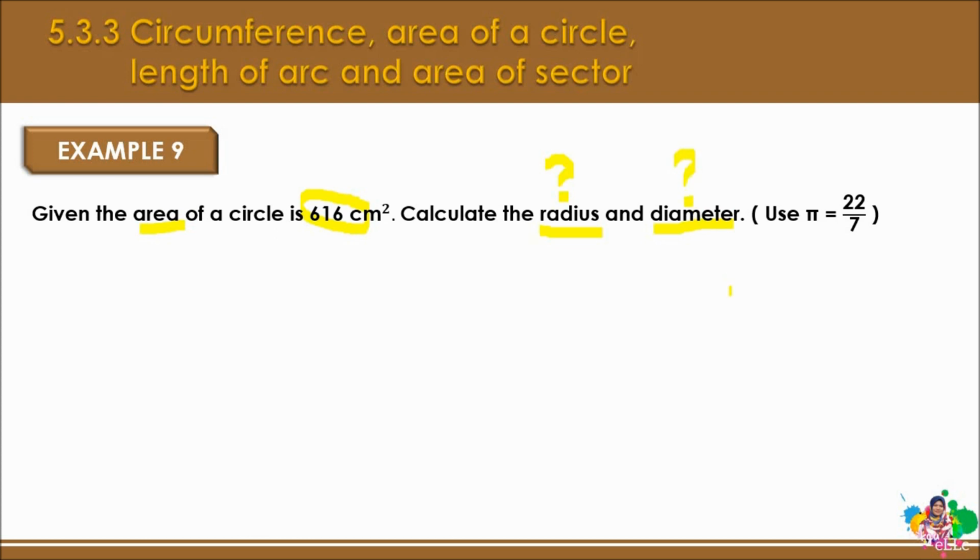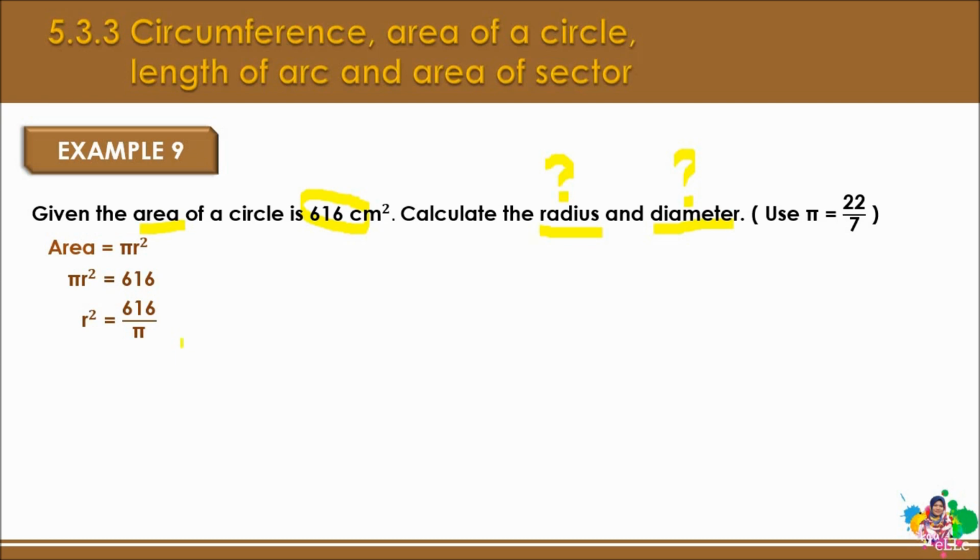So how to find radius and diameter if the question gives you the value of area? Use the formula of area to find radius. So you just substitute area 616, then 616 divided by pi. You apply what you have learned in Form 1.